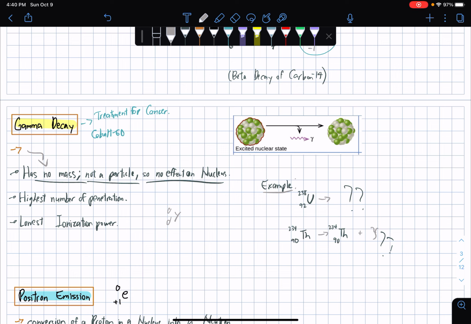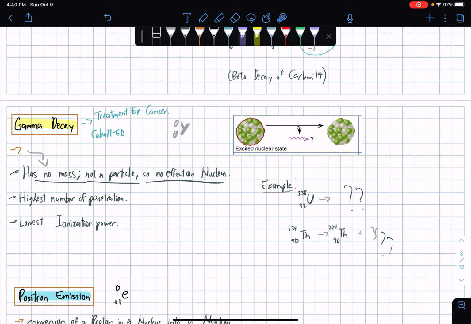But in this context, for gamma decay, it's basically written as this one. So the symbol in the Greek alphabet would stand for gamma, and there would be 0 at the atomic number, 0 at the atomic mass.